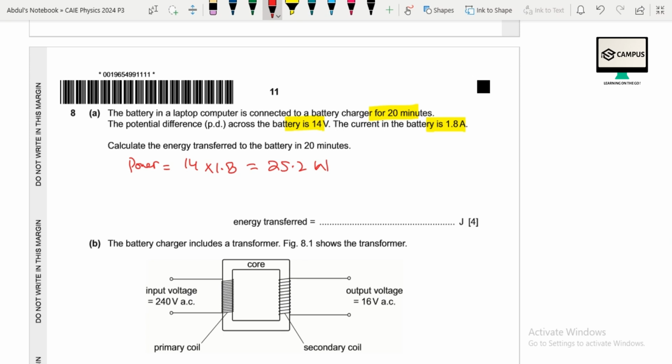And since we want to find the energy transferred in 20 minutes, we multiply 25.2 watts with 20 multiplied by 60 seconds. So it's 30,240 joules.